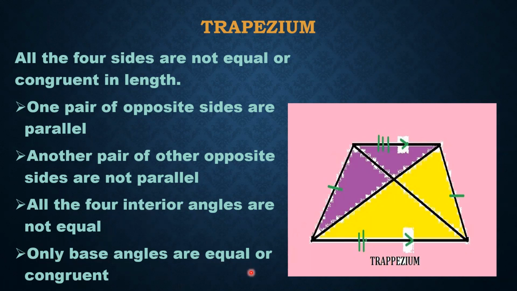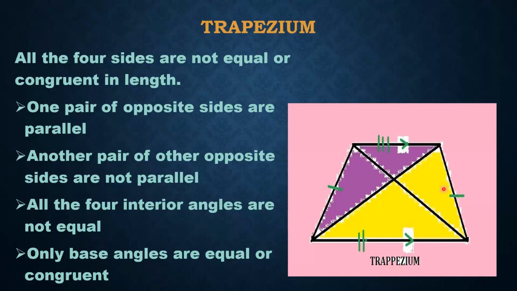The diagonals of a trapezium or trapezoid do not even bisect the trapezium into two equal parts, okay? Even here, when you compare the angles, the shape here and the shape here, they are not the same. The shape here, when you compare this and that, they are not the same. So the diagonals of a trapezium do not bisect it into two equal parts.